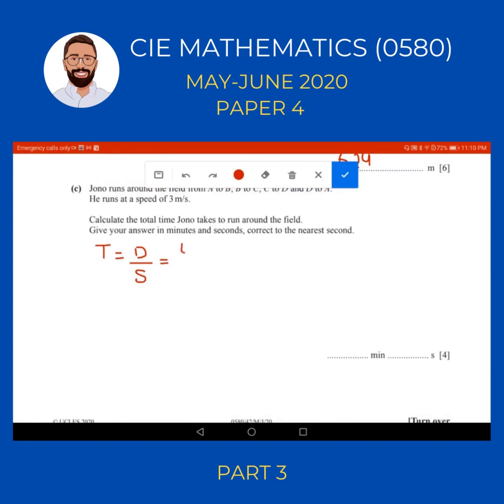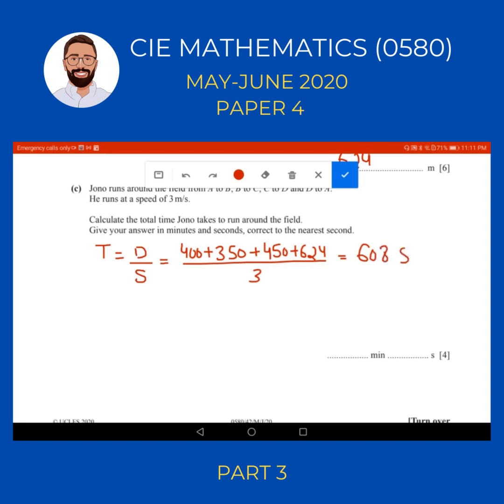So the distance is the sum of the sides of the quadrilateral ABCD. So it's 400 plus 350 plus 450 plus 624 divided by the speed, which is 3. And the answer is, let's find that. So it's equal to 608 seconds.